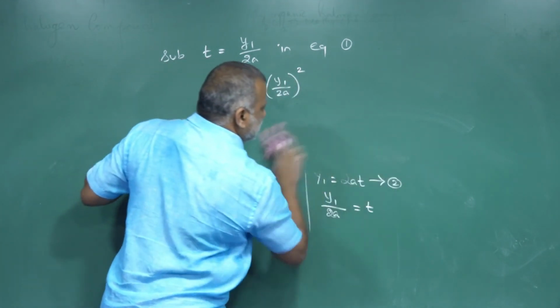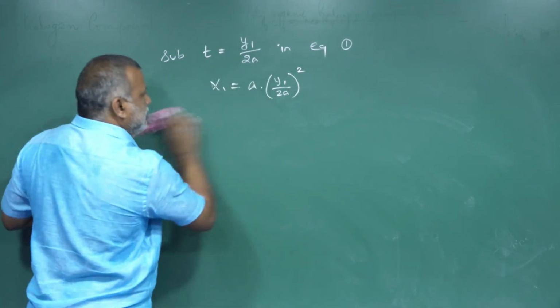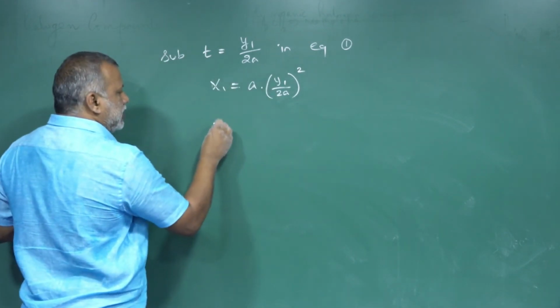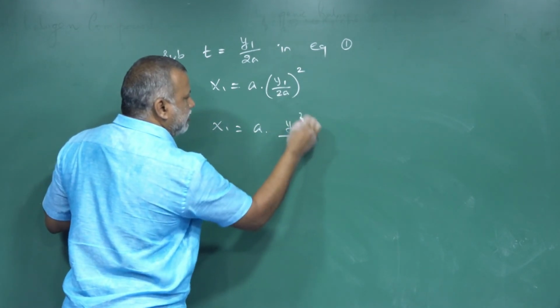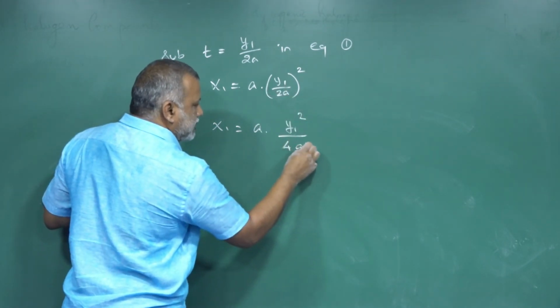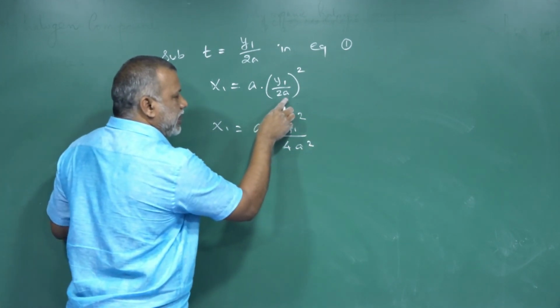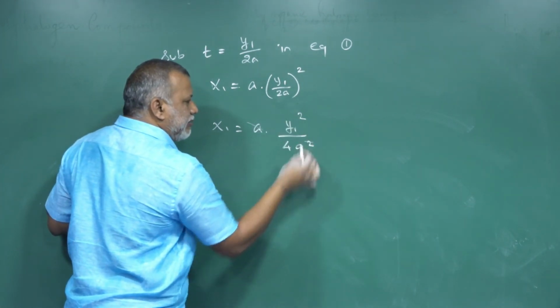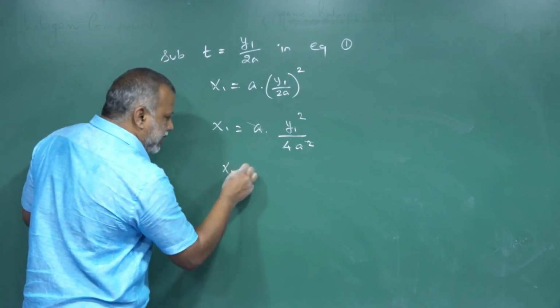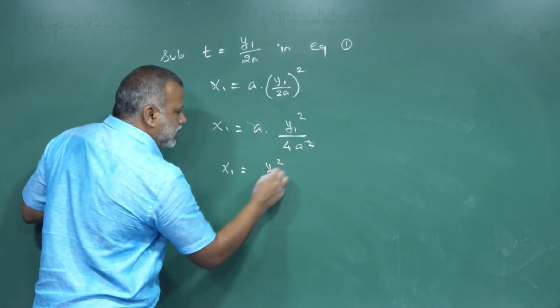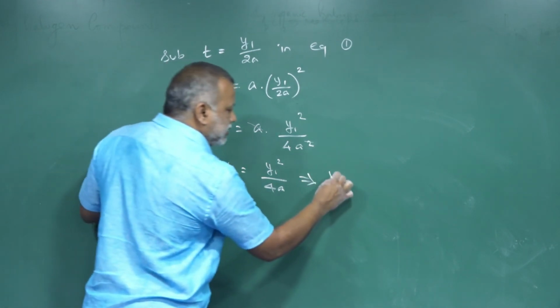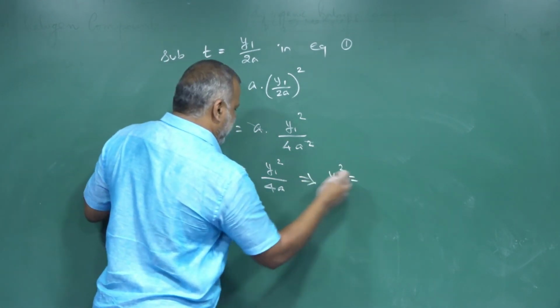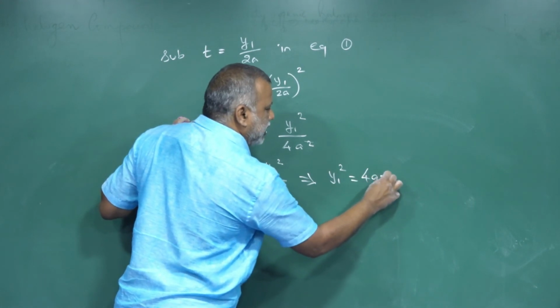On simplifying, x1 is equal to a times y1 squared divided by 4a squared, since 2 squared becomes 4a squared. This a and a squared will be reduced. Therefore x1 equal to y1 squared divided by 4a. Cross multiplying, we get y1 squared equal to 4a x1.